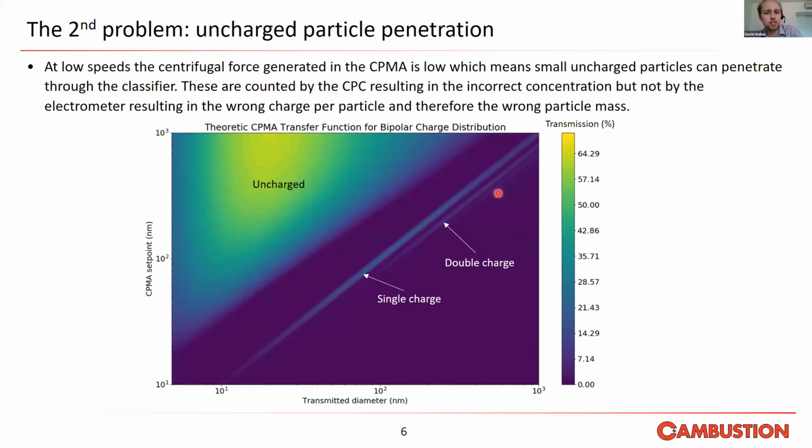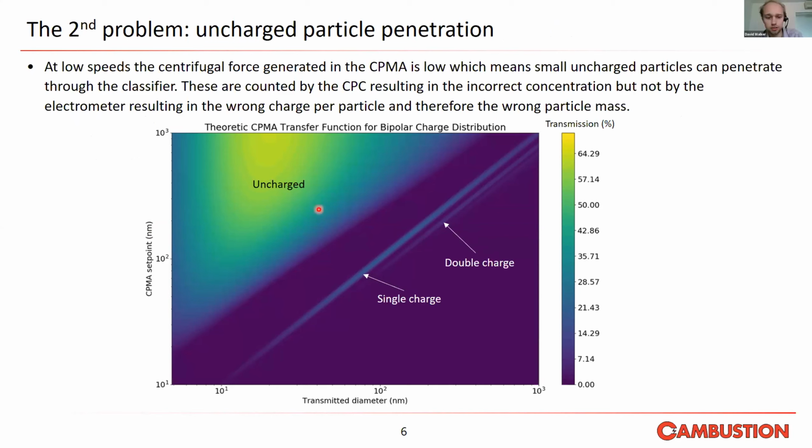The second problem with the CPMA is what happens to uncharged particles. So if we take, for instance, a set point on this transfer plot of the CPMA of, say, 200 nanometers mobility, you will get, this is for a bipolar incoming charge distribution, some singly charged particles of the size you were expecting, some doubly charged particles, but you'll also get some uncharged particles that can penetrate through the classifier.